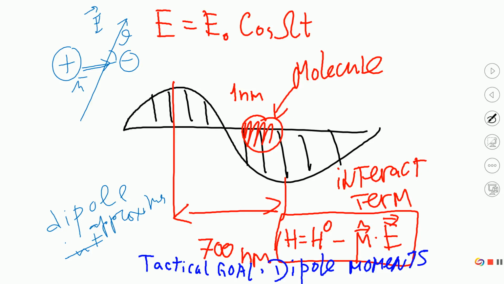A quickly changing electric field induces promotion of an electron from one orbital to another. But the rate, how quickly it will transfer, depends on two factors. Whether the frequency of electromagnetic radiation is in resonance with the transition energy, right?